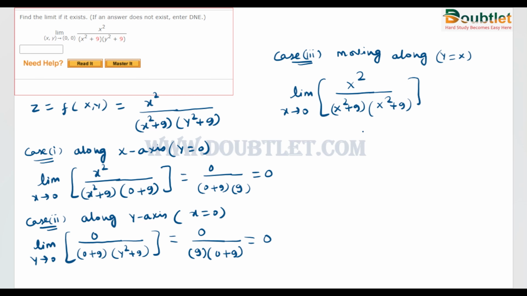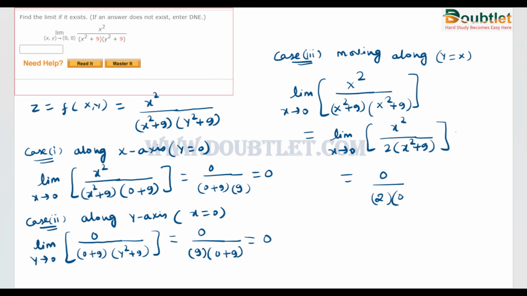If we solve this, we will get limit x tending to 0 of x square divided by 2 multiplied by x square plus 9. If we put x is equal to 0 in this, it will become 0 divided by 2 multiplied by 0 plus 9. So it will basically become 0.